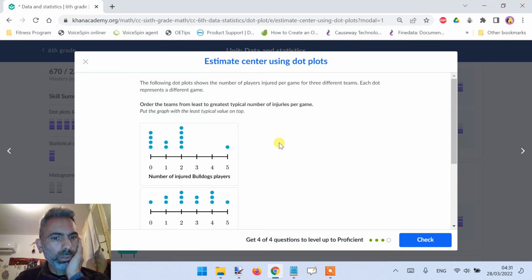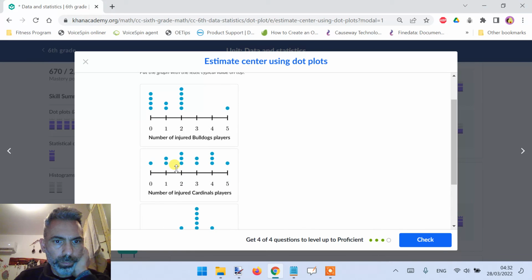So I think that here it's obvious that the majority is leaning to the left half of the number line. So this is the least typical number of injuries, concentrated on the left, which means that it's about 1 or between 1 and 2.